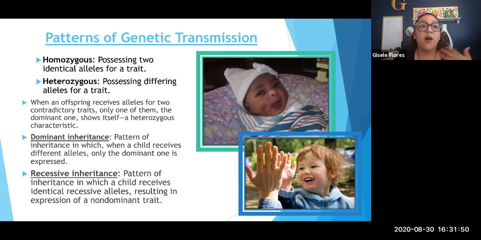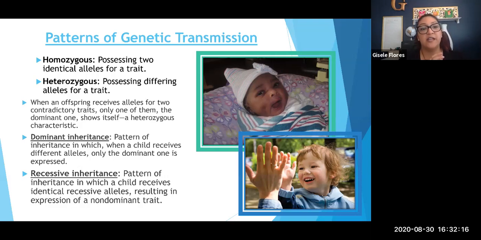There's something called homozygous transmission, and that's when a child receives identical alleles for that trait. So they receive information that says, this is a copy of what this is going to look like, and this is another copy of the exact same thing.